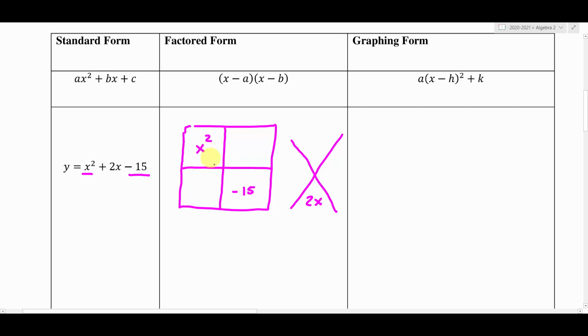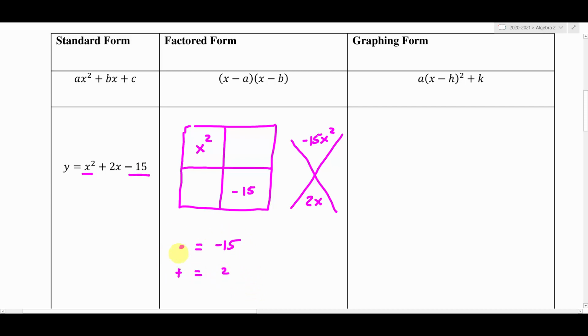So if I multiply negative 15 and x squared, I get negative 15x squared. So I know that this diagonal has to multiply to give me the same thing, and at the same time it also has to add to give me 2x. So I'm looking for 2 numbers that multiply to give me negative 15 and add to give me 2.